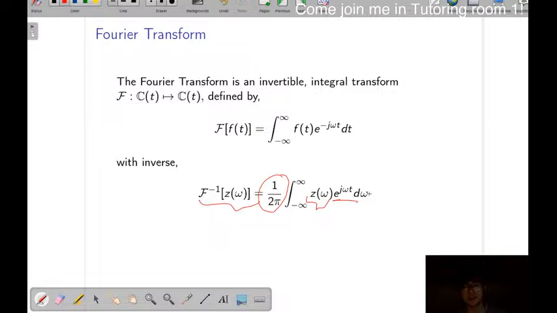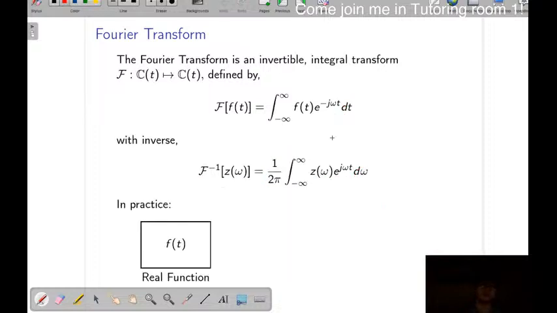And this is integrated with respect to omega. The forward transform was defined in terms of the integral with respect to t, time. We're integrating out t, and the inverse one is integrating out omega.